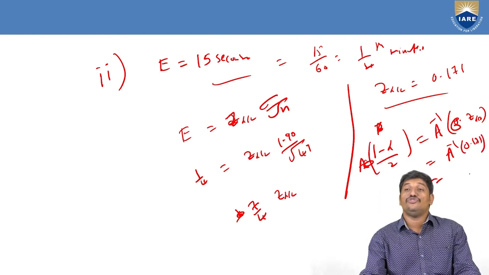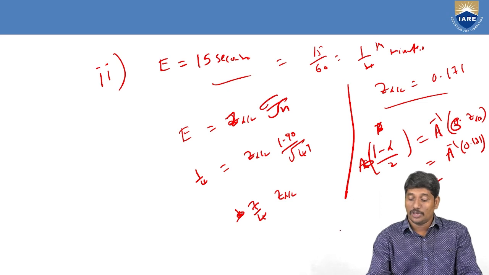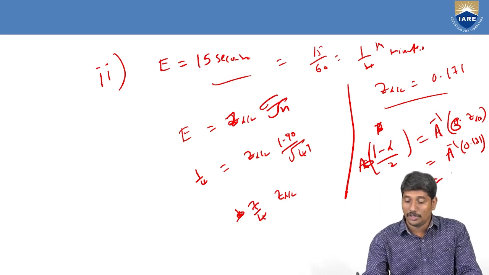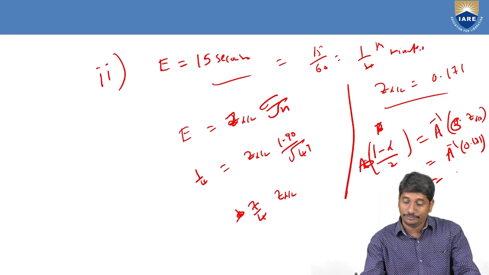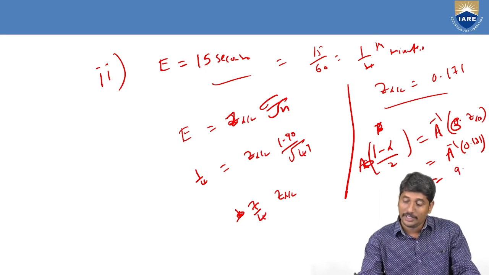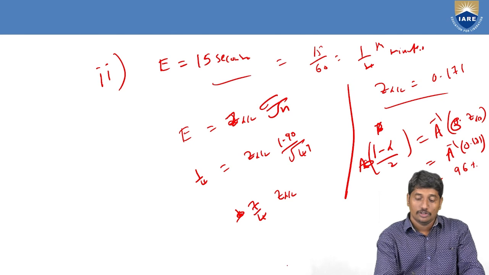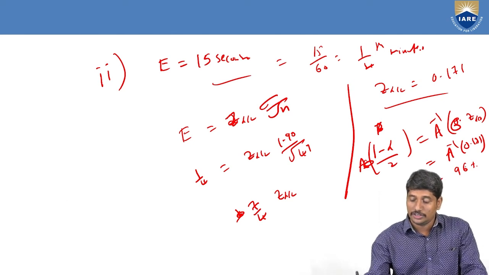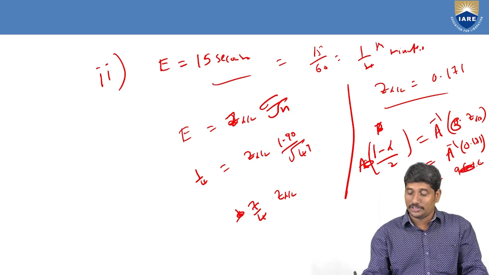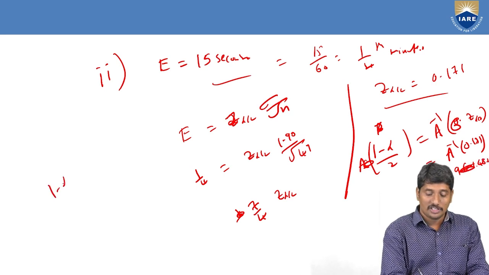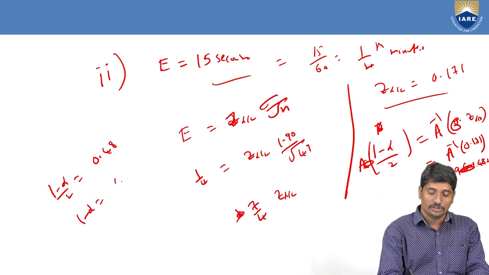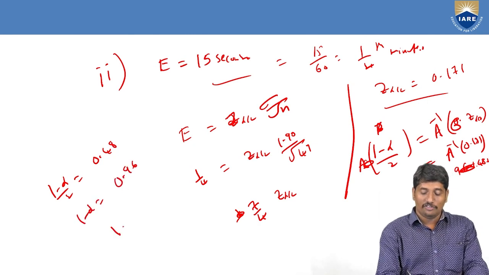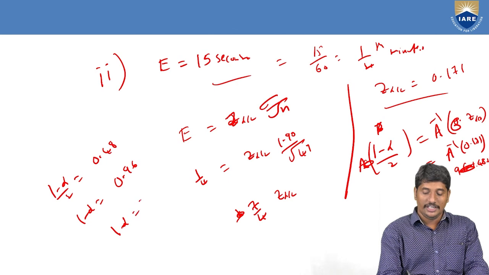By calculating this value, you will get 1 minus alpha by 2, which is 0.48. So 1 minus alpha is equal to 0.96. So the level of confidence is 96%.